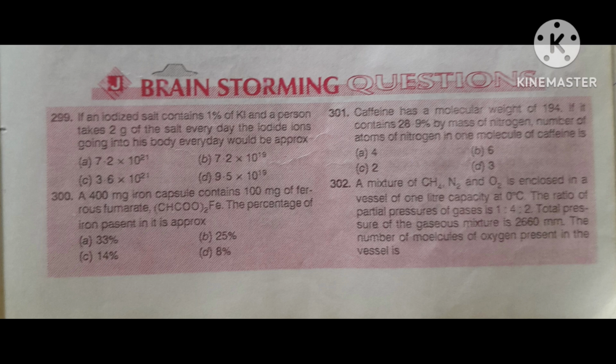Then for 1 liter, how many molecules of oxygen are there? Just divide by 22.4, means 6.02 into 10 to the power 23 divided by 22.4. Hence the first option is correct. 6.02 into 10 to the power 23 divided by 22.4.